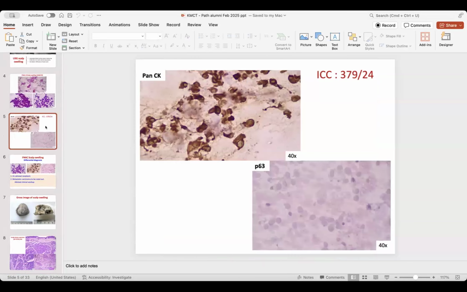Is it really useful? When you take an FNA, you have to plan for unstained slides, isn't it? What we do, madam, is that for this case we had many slides, so we destained a slide and did IHC on it. There's no need for unstained slides.